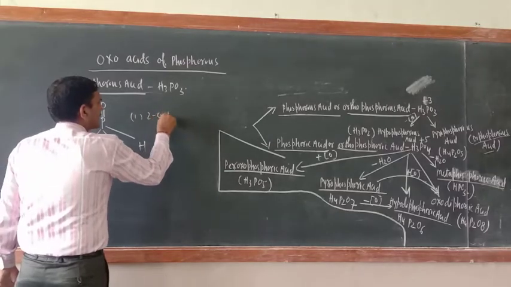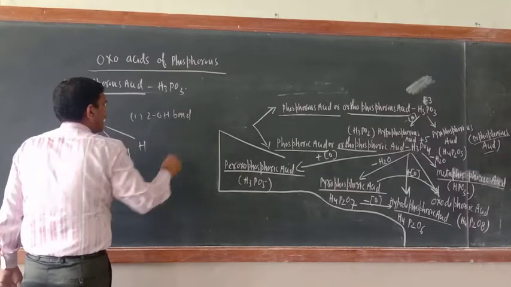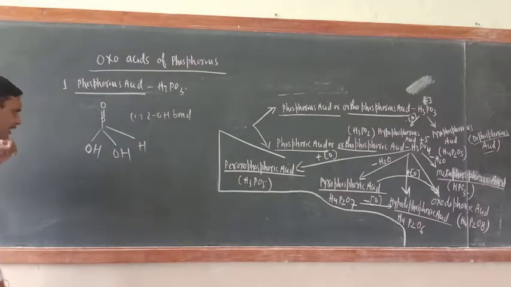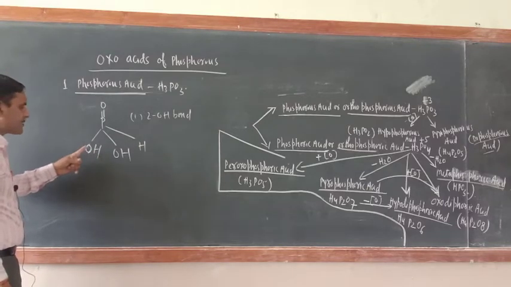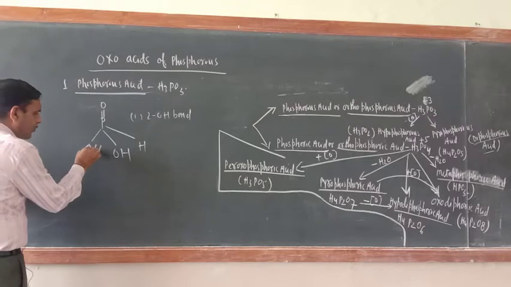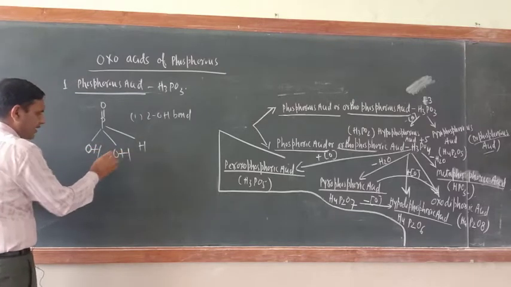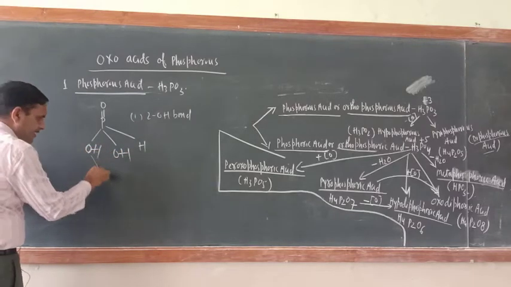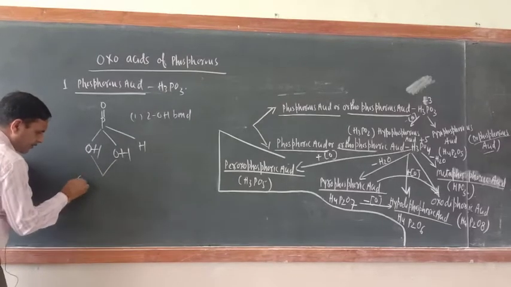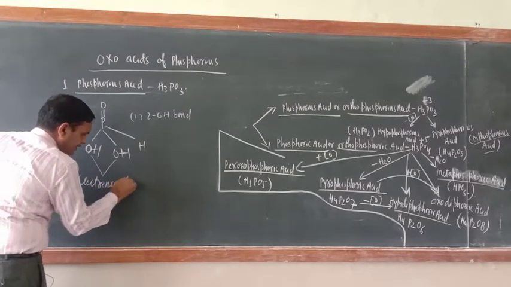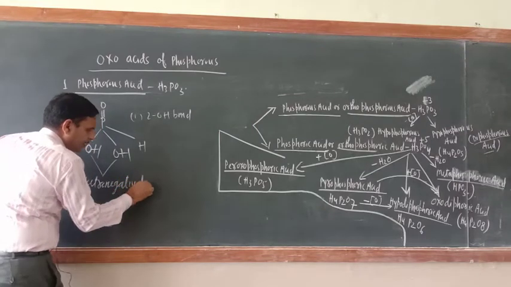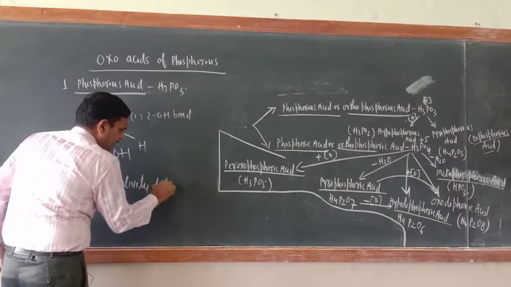You remember that only those H positive will come out which are bonded with oxygen. Between O and H, a single bond is there, so there is an electronegativity difference.